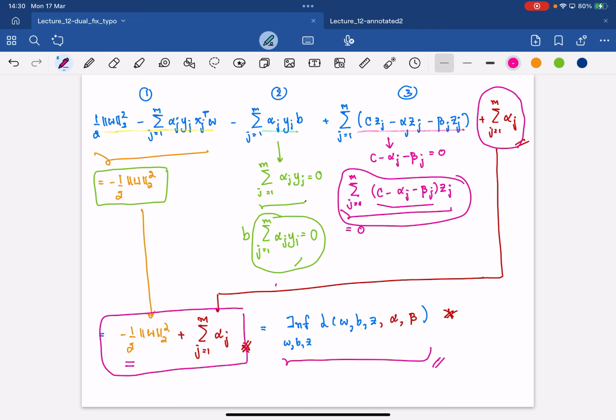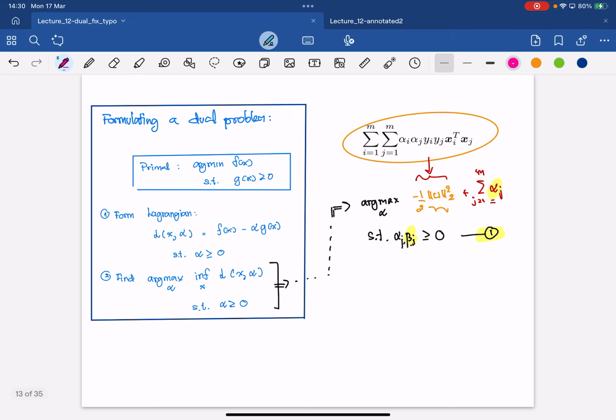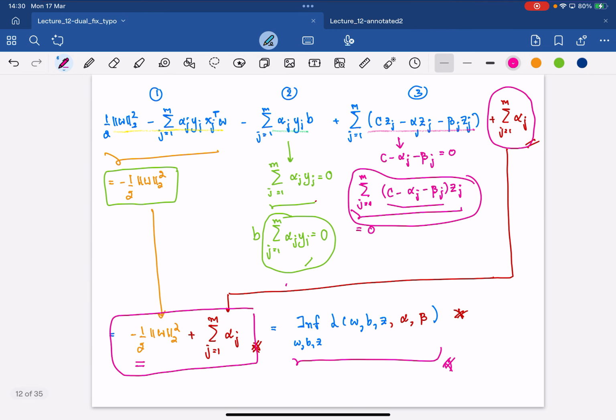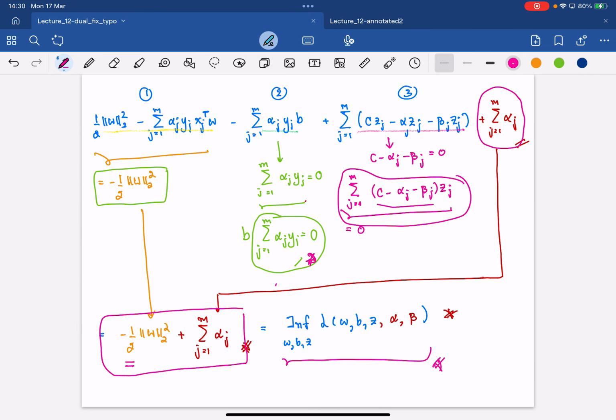So once you have this, you can plug it back into your dual problem, which will turn into something like this. You can replace this entire term with minus 1/2 the W square plus the sum of alpha j. This is the infimum, subject to alpha j, beta j greater than 0. This is the condition that comes from using the Lagrangian. But you also have other conditions that come along the way, the conditions from when you derive the infimum.